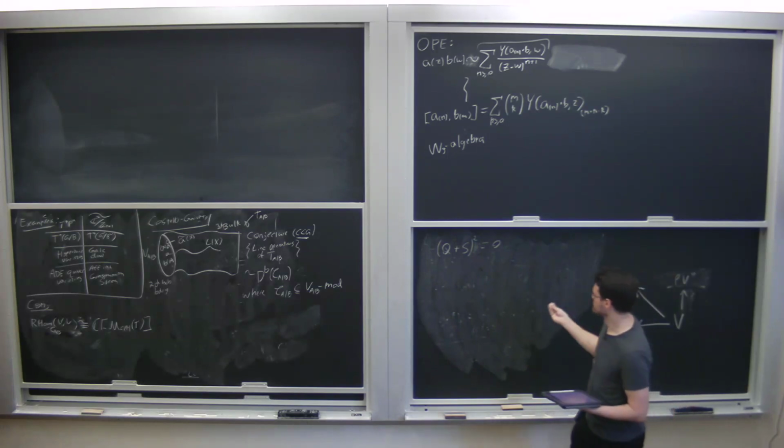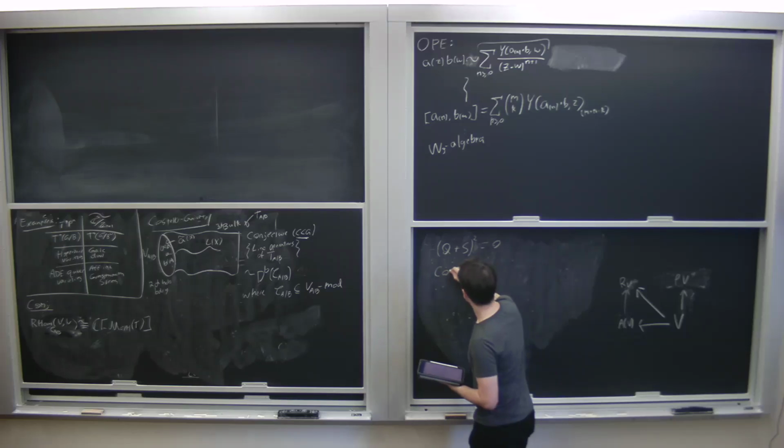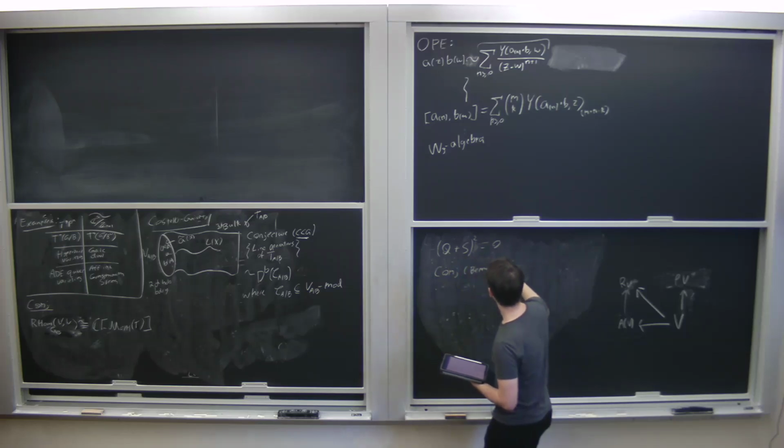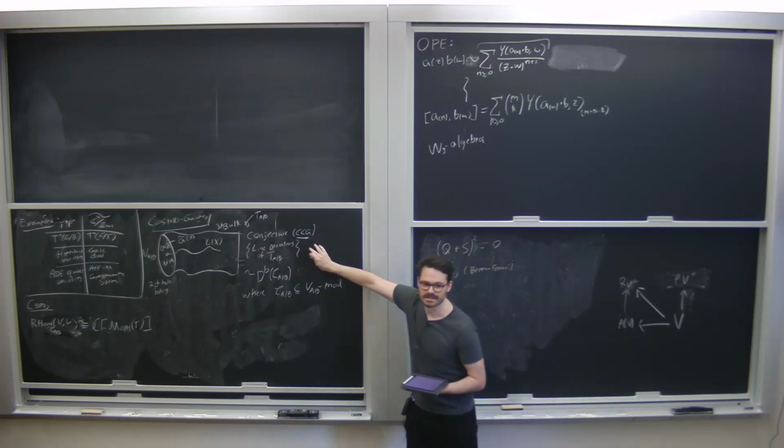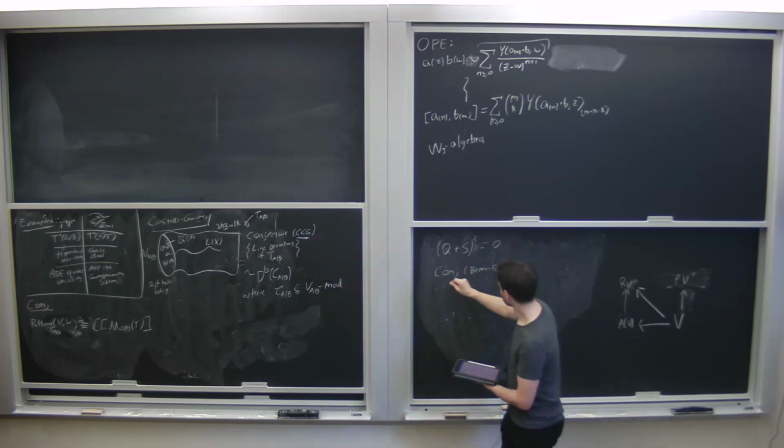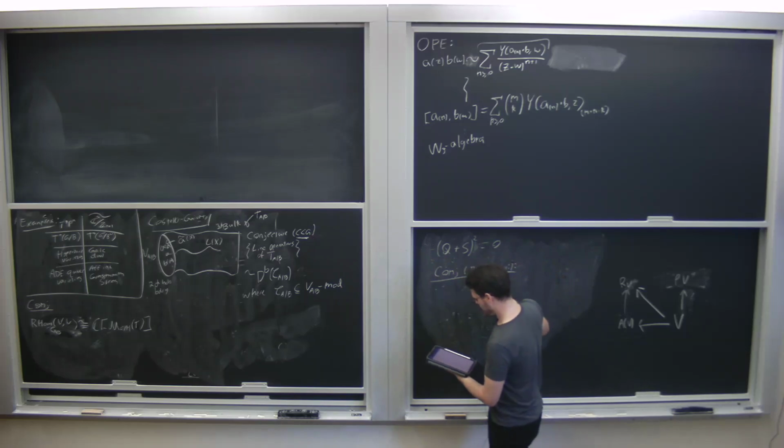And so this point of view led to another conjecture, which I think was first explicitly written in Beem-Ferrari, though I think it kind of appears in this paper less explicitly, which essentially says that the associated variety of the boundary VOA.